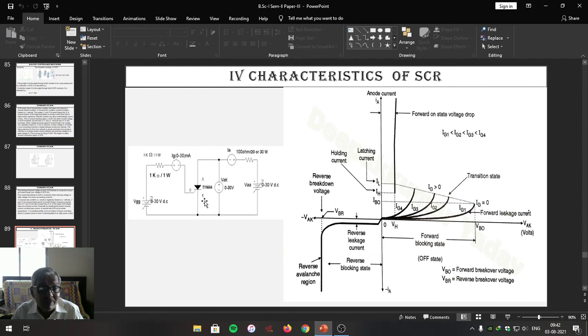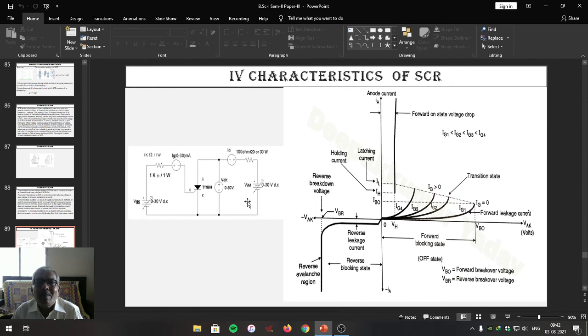But when the external reverse voltage is increased to the reverse breakdown voltage, J1 and J3 will break down, across which the depletion layer is totally reduced, and the SCR will conduct due to minority charge carriers with a little amount of anode current. Ideally, SCR doesn't conduct in that particular case.